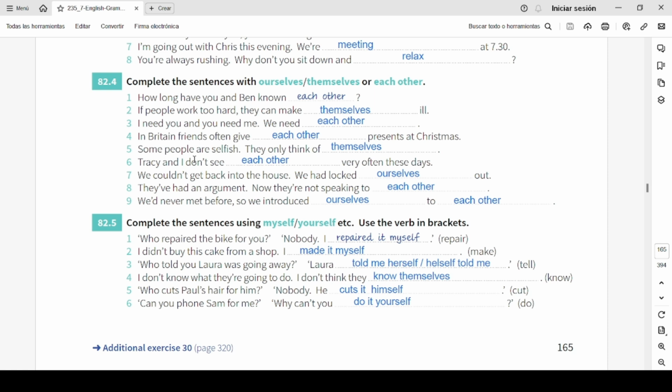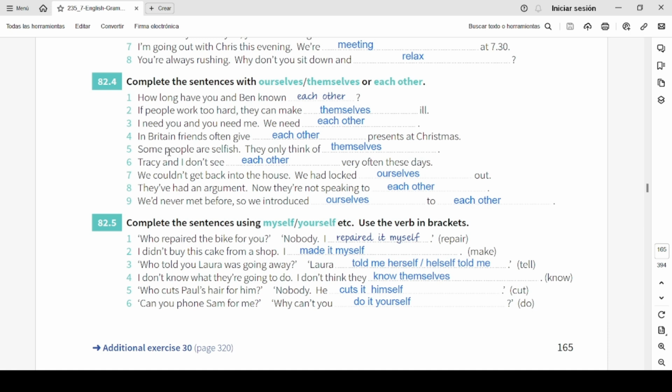You have to try to analyze the whole sentence. You have to analyze everything, even the little details in the sentence. For example, check out this sentence. Some people are selfish. They only think of themselves. Why is it themselves? Because check it out in the sentence.